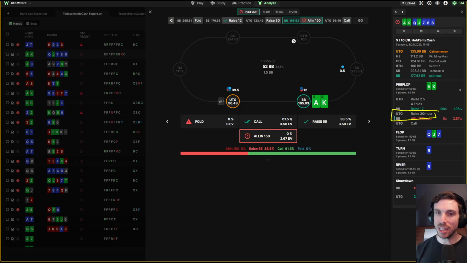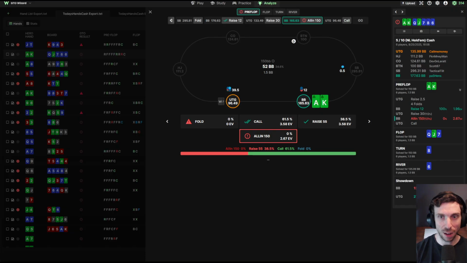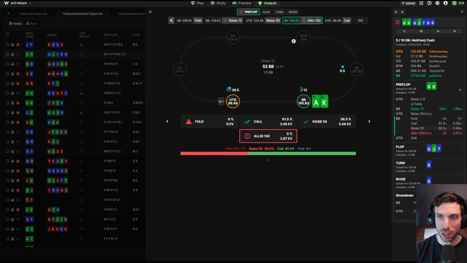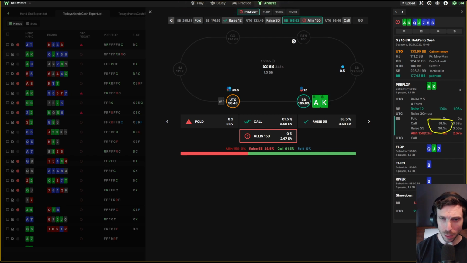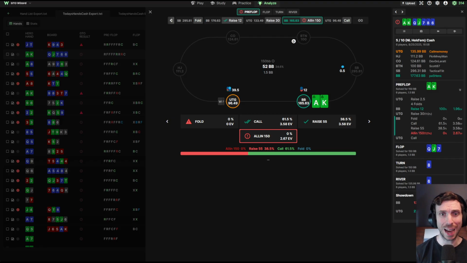So in this case, I decided to jam because I don't think 5-betting makes a lot of sense. If villain went 30, then we could go 55 and potentially have that 5-bet, which is what the solver wants me to do here, or we could have called. But because it's a really bad sizing for me to be calling out of position, I decided to just jam this hand, and I would also probably jam some aces.